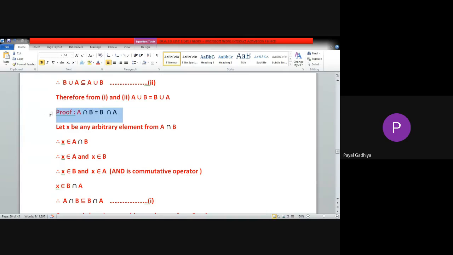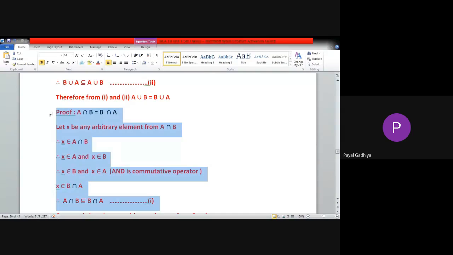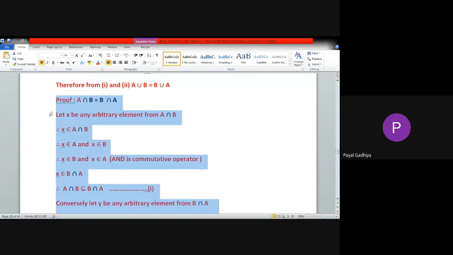The difference is that we replace or with and, because intersection works with and. Here X is any arbitrary element in A intersection B, which means X belongs to A and X belongs to B. So X belongs to B and X belongs to A, because and is a commutative operator. So X belongs to B intersection A, and therefore A intersection B is a subset of B intersection A.